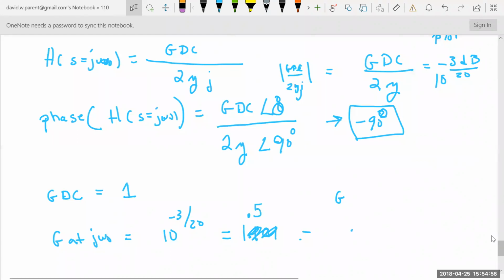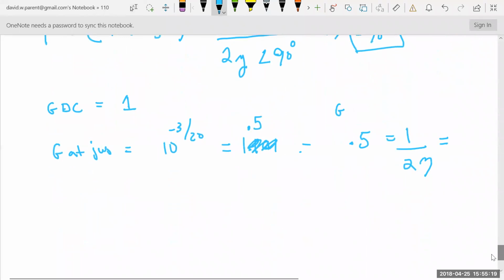Equals 0.5, right? So the gain at DC is 1 divided by 2, right? It's the square root of 2.